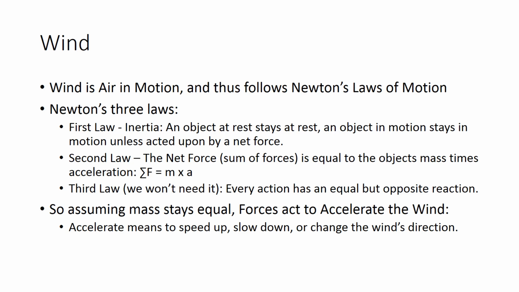And when I say accelerate, that means to change the wind's speed or direction. Either ahead, that's speeding the wind up, behind, that's slowing the wind down, or turning the wind. So basically, forces act to accelerate the wind.